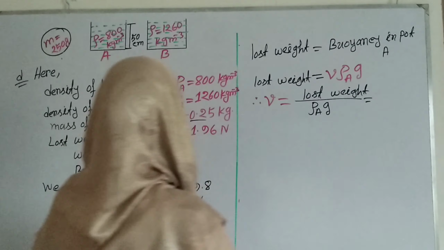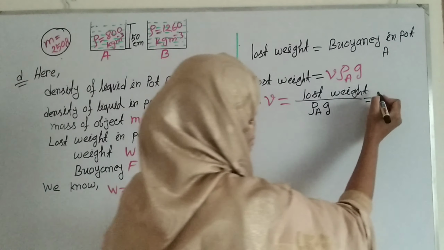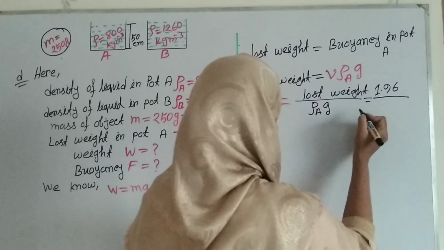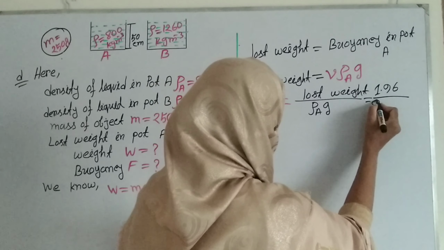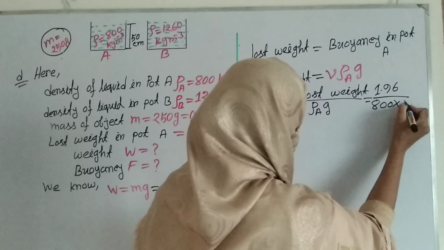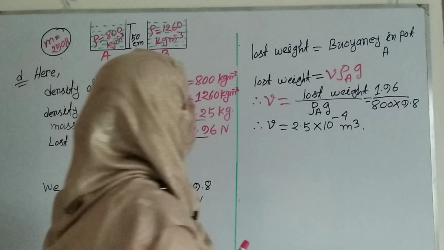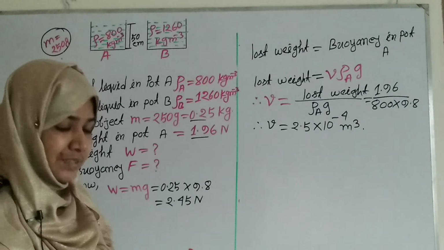The value of lost weight is 1.96, divided by rho A equals 800 and g is 9.8. After calculating, you will get the volume as 2.5 times 10 to the power minus 4 meter cube. Now it will be easier for us to calculate the buoyancy in pot B.